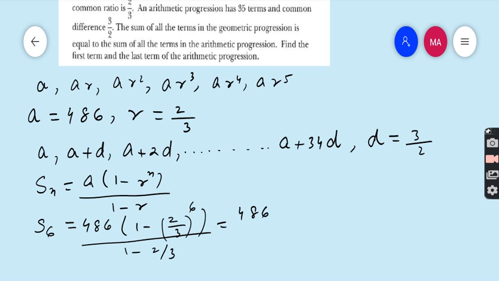So 486 into 1 minus 2 power 6, which is 64, 3 power 6 is 729, upon 1 minus 2 upon 3, which means 3 ones are 3, 3 minus 2 is 1 upon 3.